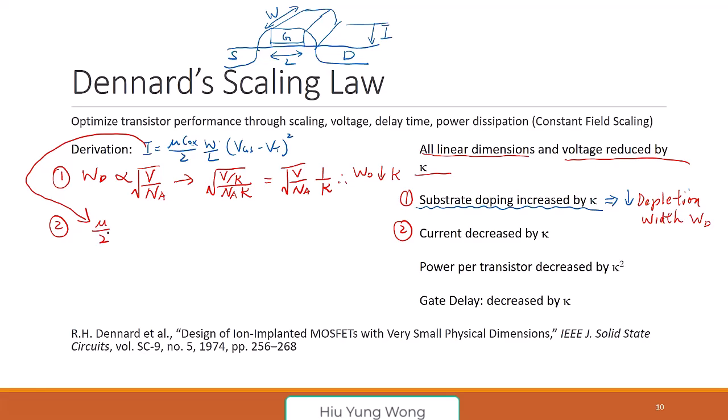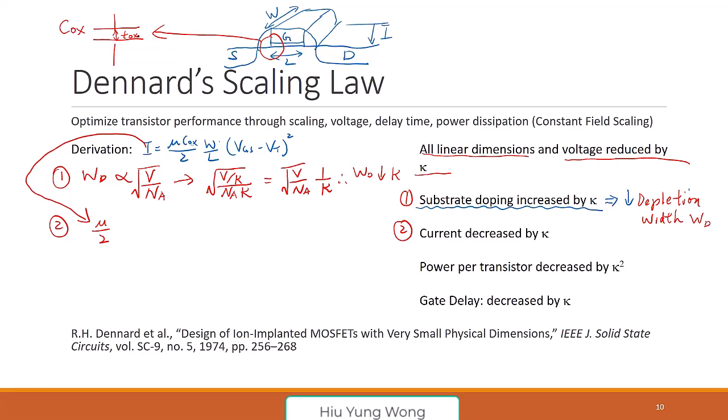But what happened to the capacitance when I make all linear dimensions smaller by copper? What happened to the capacitance? Do you remember? Capacitance here refers to the gate capacitance. Refer to this. This is C-ox, and this is T-ox.